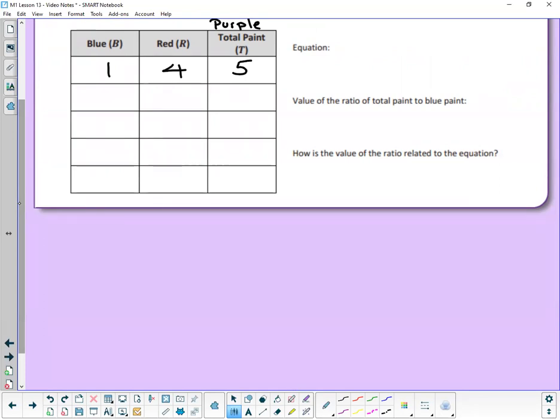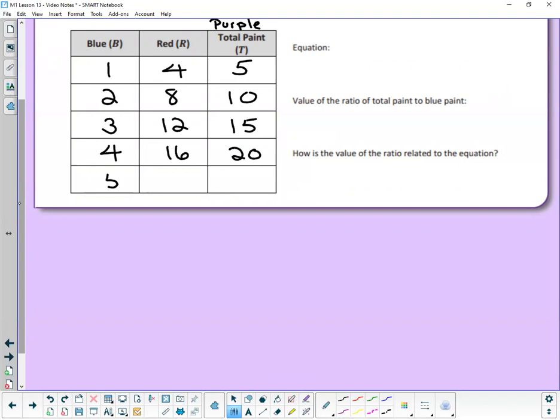If I have 2 gallons of blue, 8 gallons of red, I have 10 total. 3 gallons of blue, and now I've got 12 gallons of red, I have 15 gallons total. If I have 4 gallons of blue, and now I have 16 gallons of red, that means I've got 20 gallons total.